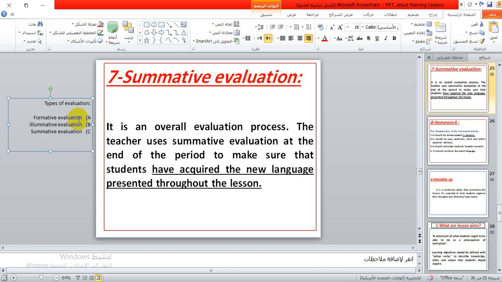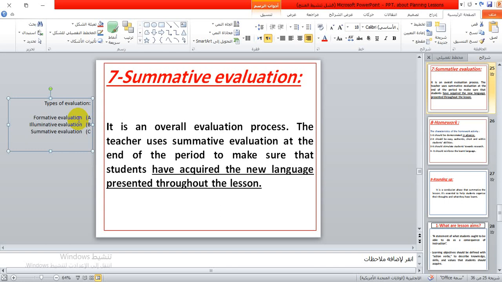Is the methodology teachers are using appropriate? Has enough time been spent on a particular objective? Should the workload be increased or decreased?